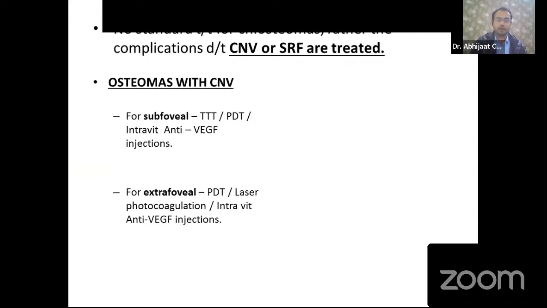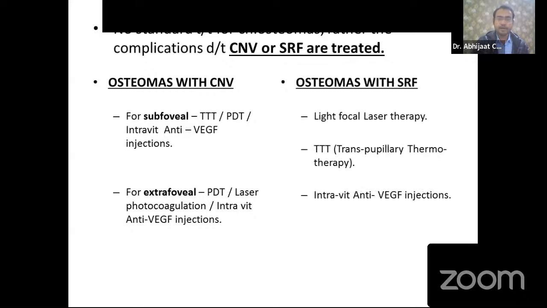And we would also give intravitreal anti-VEGF injections, but this option is still under trial. For extrafoveal lesions, photodynamic therapy or laser photocoagulation can be done, and intravitreal anti-VEGF injections could be given. For osteomas with presence of subretinal fluid, light focal laser therapy can be done and is a preferred option.